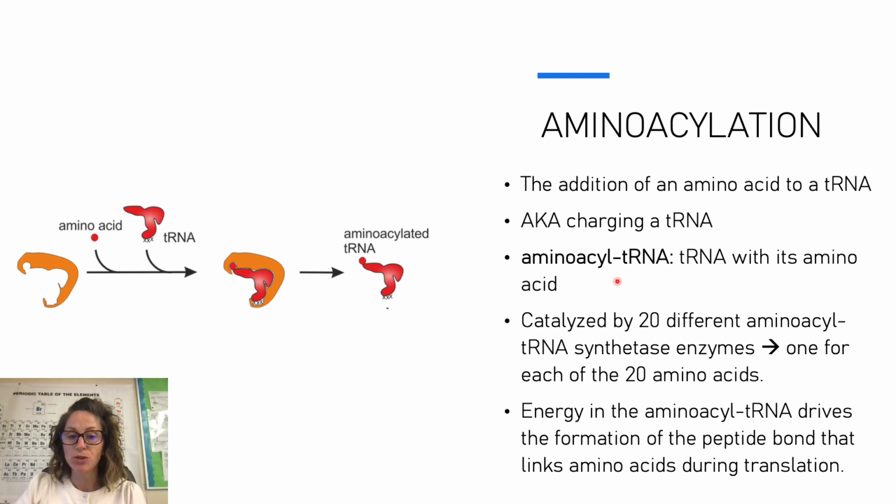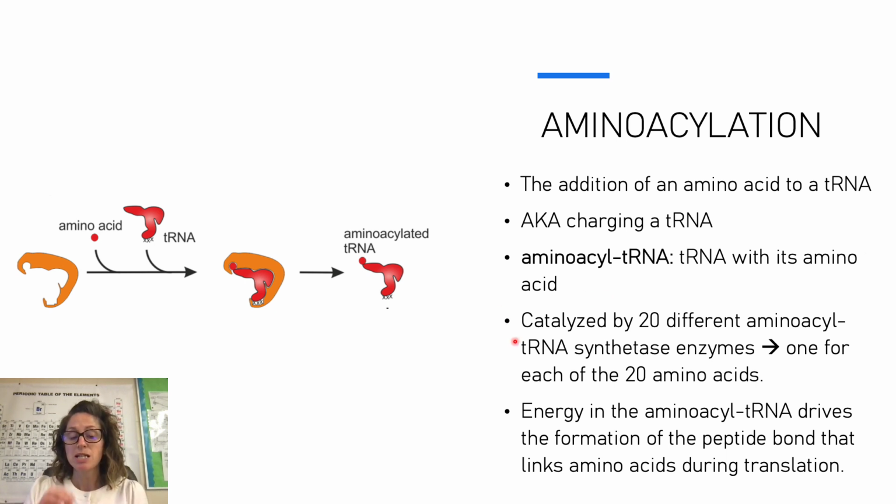So aminoacyl tRNA is the tRNA that's carrying its amino acid. Previously I've just been, and a lot of times it will just be called a tRNA, but to be specific, it's a tRNA without the amino acid. That's the only time you would actually properly call it a tRNA. Once it's carrying the amino acid, then it's actually called an aminoacyl tRNA.